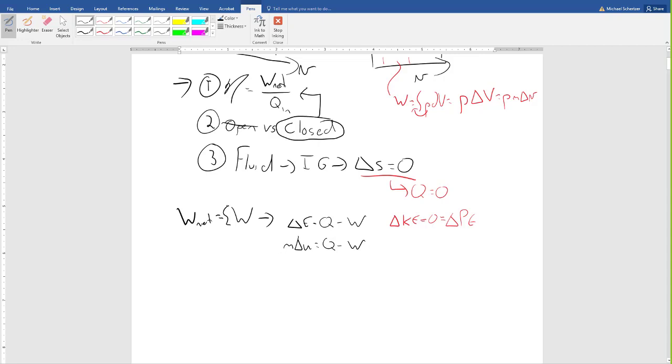But now when I'm talking about the work processes, here I would be going from 1 to 2 and from 3 to 4, Q is equal to 0. And then also from 2 to 3 and 4 to 1, W, not W dot, but W, is equal to 0.